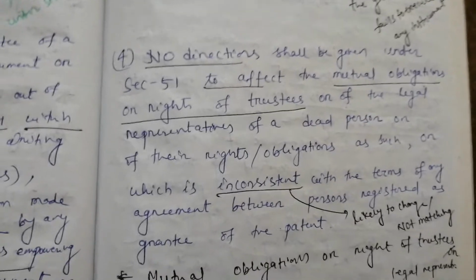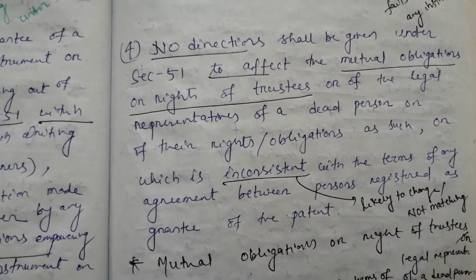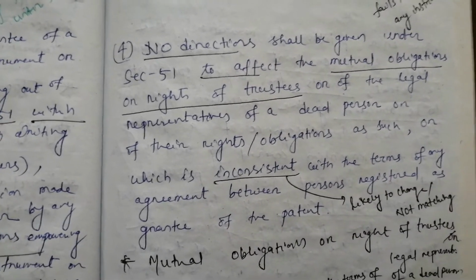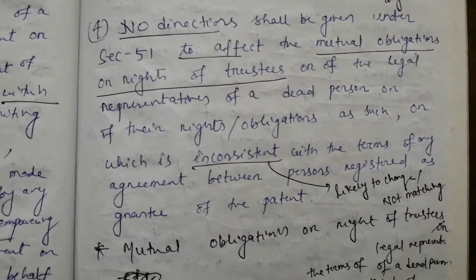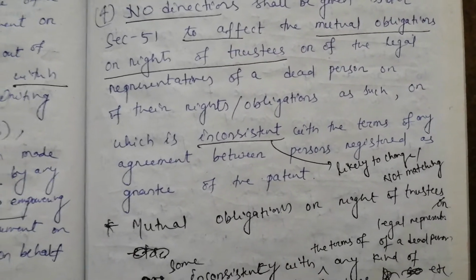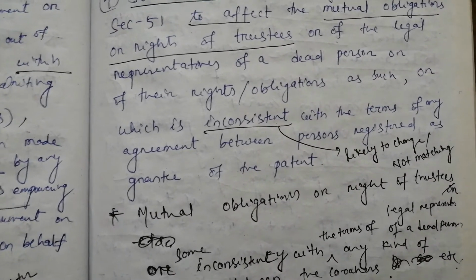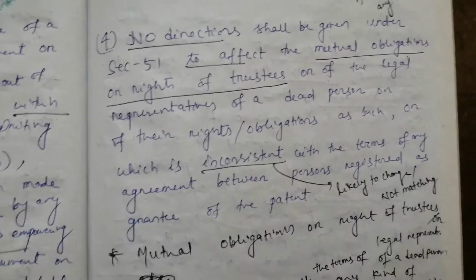Now I will go to subsection 4. No directions shall be given under Section 51 to affect the mutual obligations or rights of trustees or of the legal representatives of a dead person, or of their rights or obligations as such, or which is inconsistent with the terms of any agreement between persons registered as grantee of the patent. So this is subsection 4.